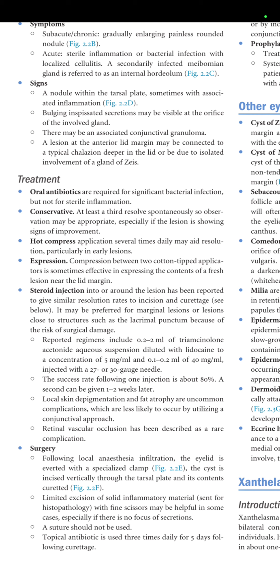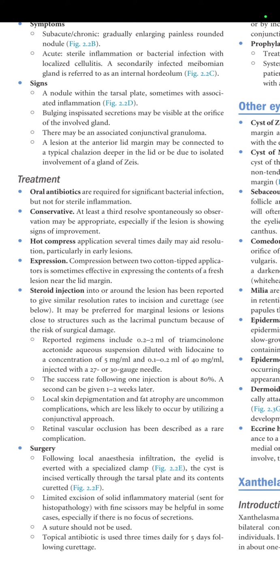Conservative treatment: at least one third of patients resolve spontaneously, so observation may be appropriate, especially if the lesion is showing signs of improvement. Hot compresses applied several times daily may aid resolution, particularly in early lesions.